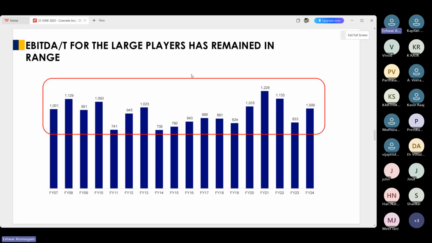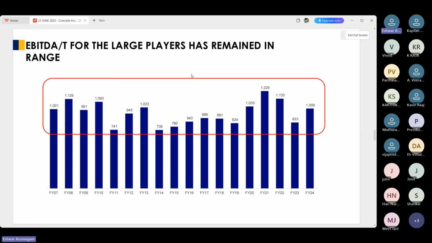If we see the EBITDA per ton for large players, it has been very cyclical, mainly because of the crude prices, and also largely flat. But an increasing share of green energy and more stable demand in the next cycle might ensure that we can achieve an EBITDA per ton of at least 1,400 to 1,500.